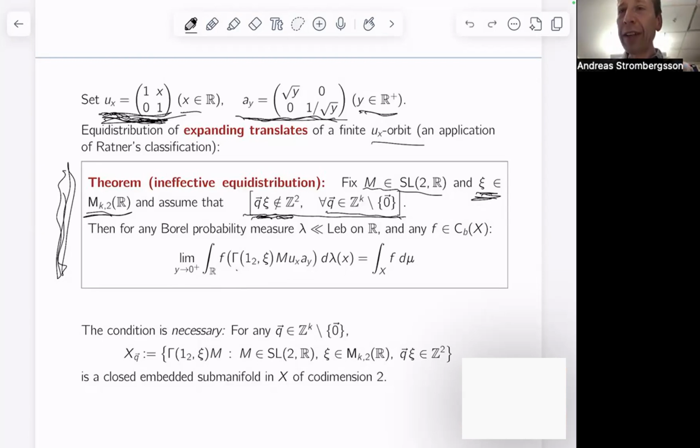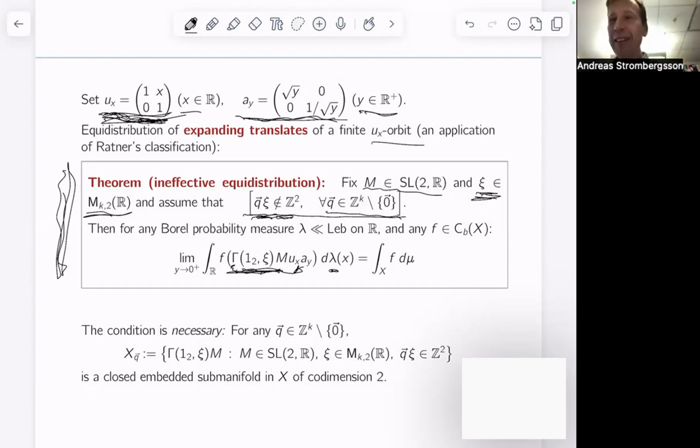If I just look at this before I put the A there, then it's just starting at this arbitrary point given by gamma 1, 2, psi m. I start at that point, and then I flow with the unipotent flow for a finite time, assuming that lambda is a measure on a fixed interval, and that's just a finite orbit of the unipotent.